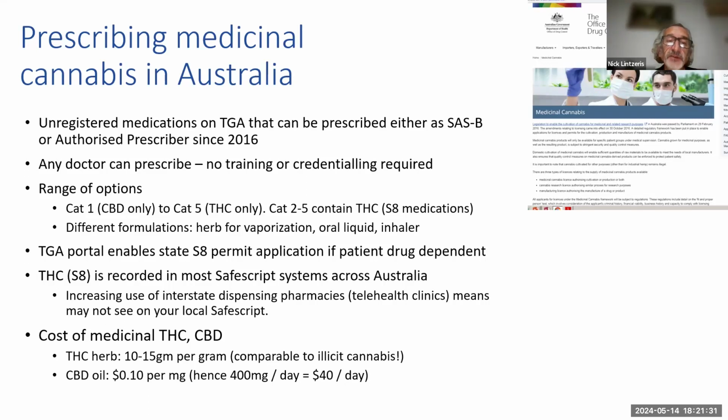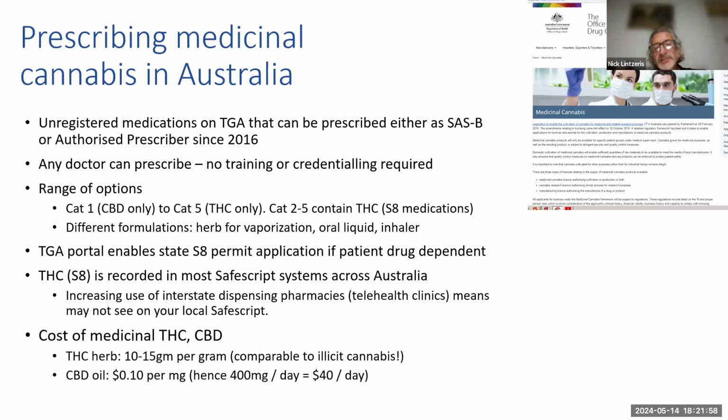So it's a much safer route of administration. We also have a range of oral liquids and oral capsules. Recently, in the last year or two, we've seen the emergence of a range of liquid products with either THC or CBD, which are much more like an e-cigarette. These are liquid products, and you need special vaporizers to use them.